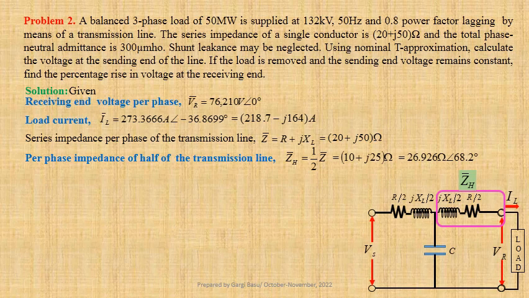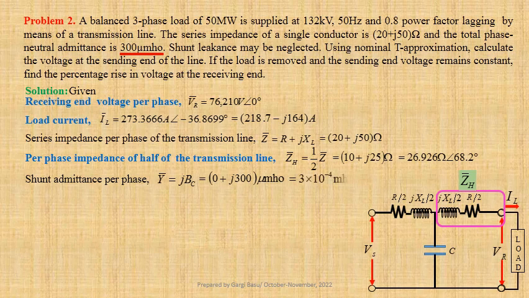Given shunt admittance per phase Y equals jVc equals 0 plus j300 micromho. This may be written in polar form as 3 into 10 to the power minus 4 mho at an angle 90 degree. Let us now calculate capacitor voltage per phase.